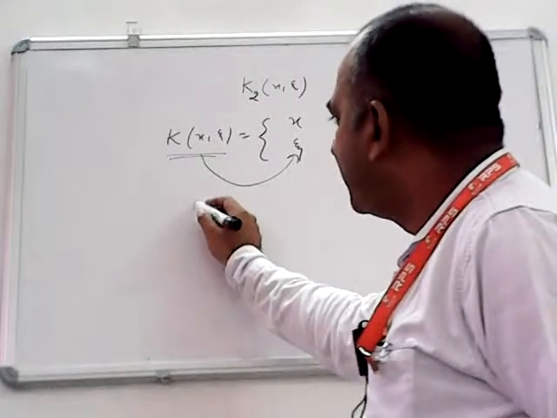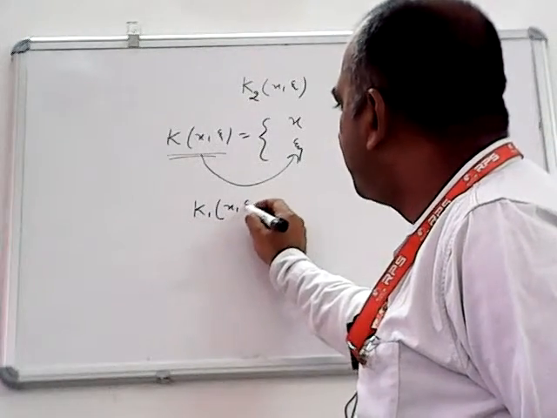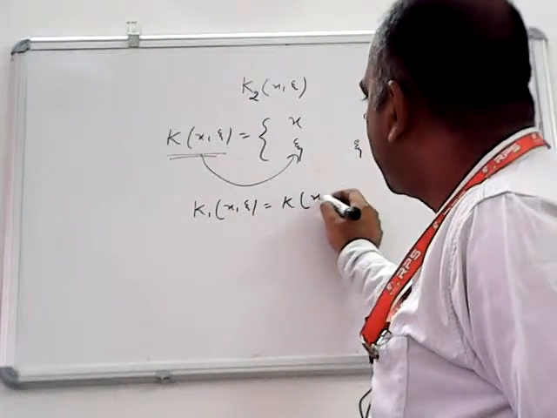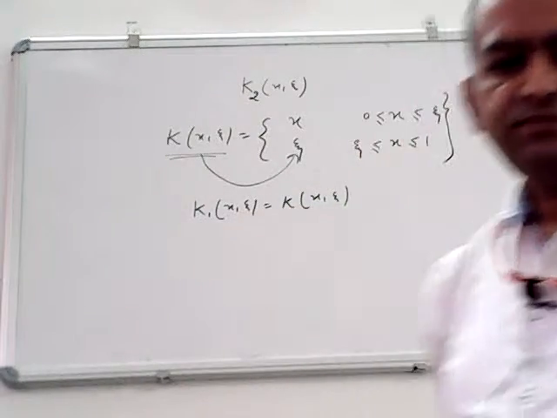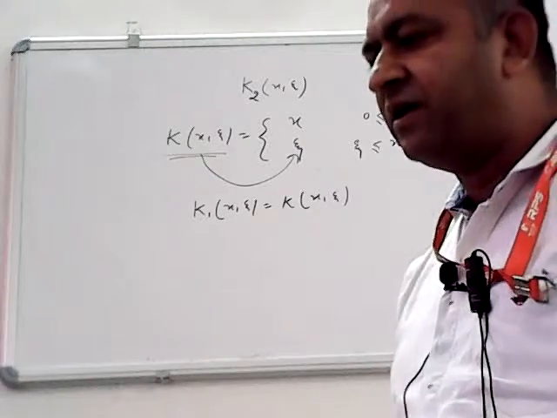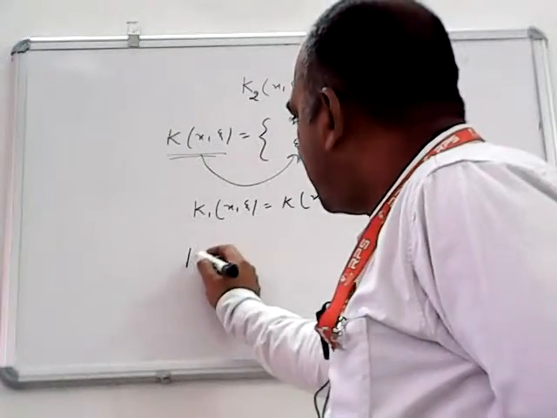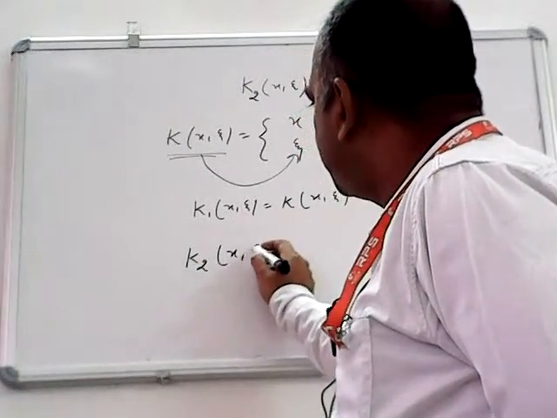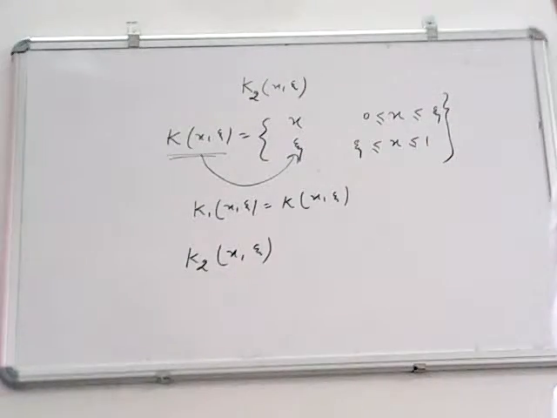So we are already aware that K1(x, ξ) is equal to K(x, ξ). Now we will try to find the second iterated kernel. So our next step is to calculate K2(x, ξ). In this calculation we have two cases.